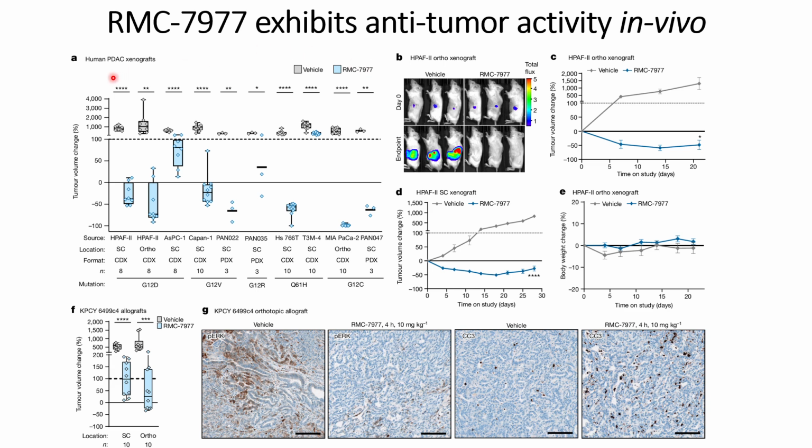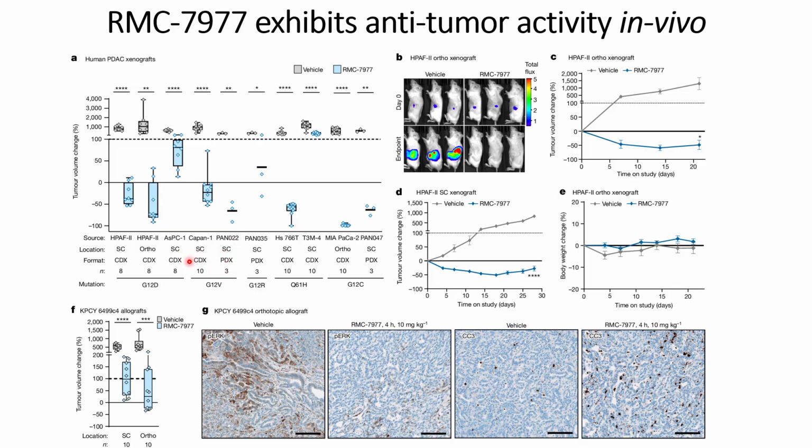So they did experiments on human PDAC xenograft, and at the same time they also use cell line derived xenograft and patient derived xenograft. There are two different kinds of xenograft.